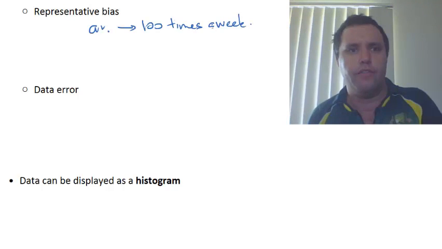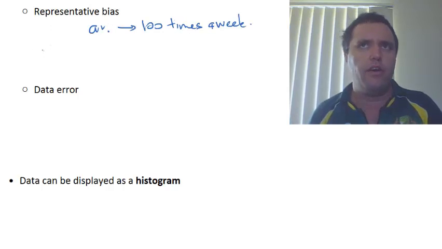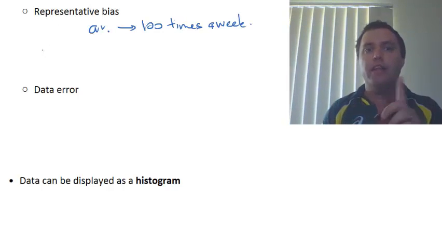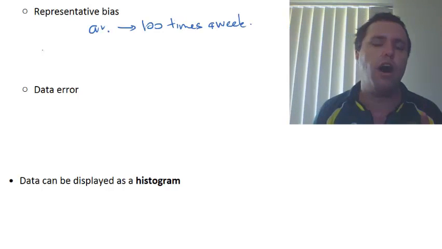Okay, now with this representative bias, not only have I had an issue with the size of the sample I've taken, but there's also an issue with the type of people that I've asked.